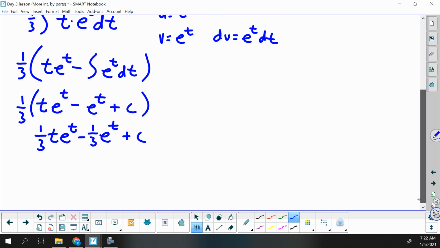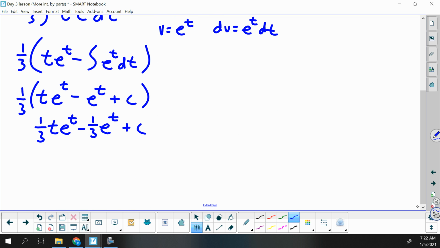So t is really x cubed. So we need to replace in the end all of these t's with x cubes. And that's the most complicated version that would eventually lead to integration by parts. You had a strange substitution to begin with, and then that led to integration by parts.